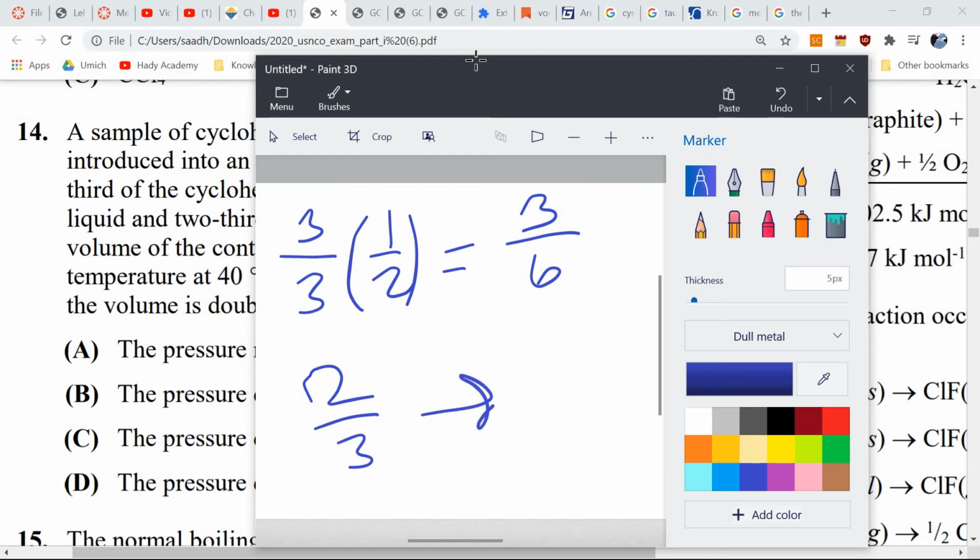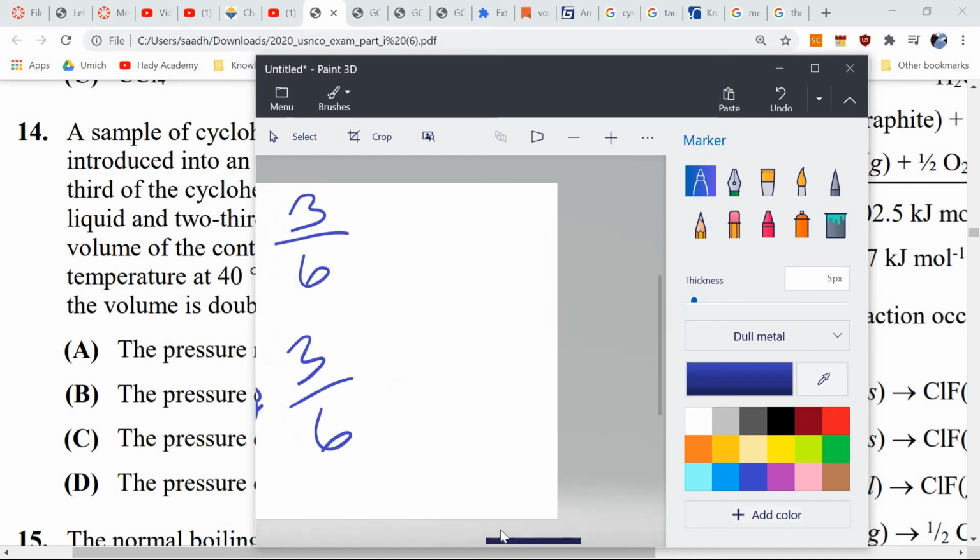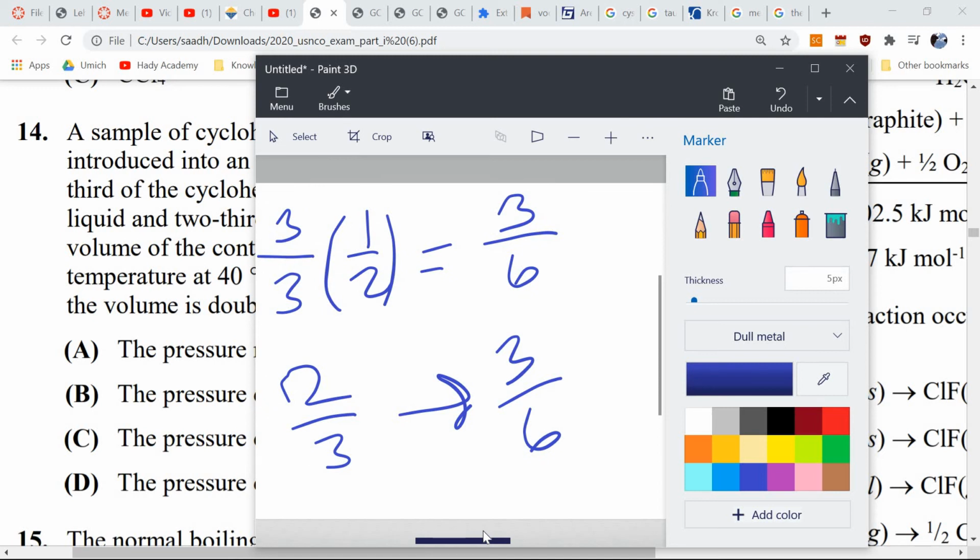So it went from that to that. So what's that change? Well, I would divide 3/6 by 2/3, because I'm trying to compare one to the other.